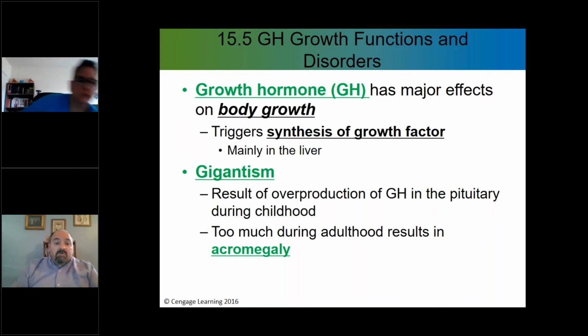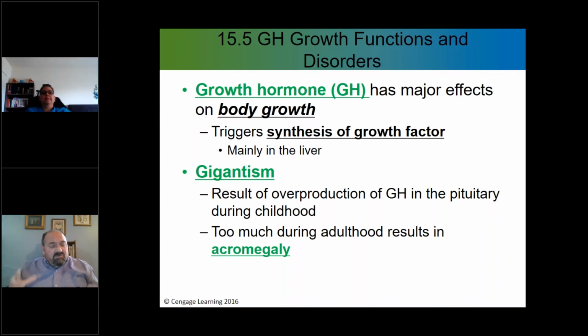The major effect is on body growth, and the name itself gives you that indication. If you've stopped growing in height but still have too high levels of growth hormone, you can have something called acromegaly. This can affect the size of your forehead, cheeks, jaw, hands, and feet.